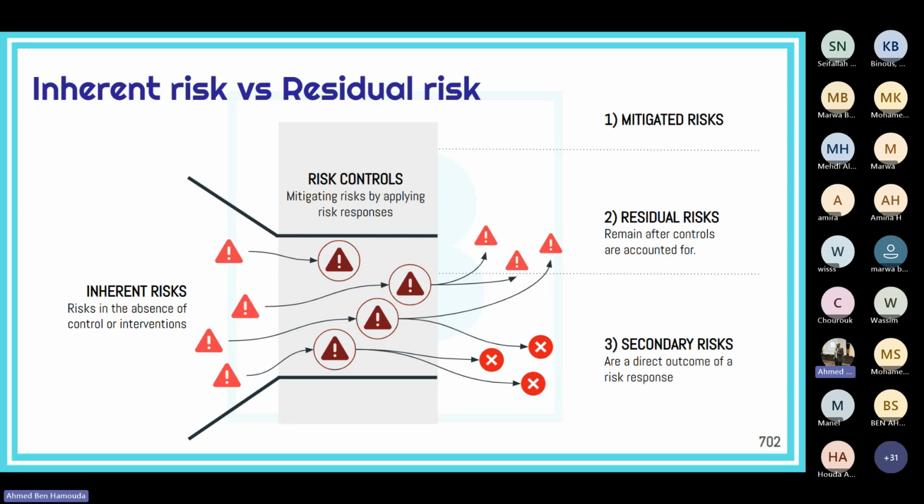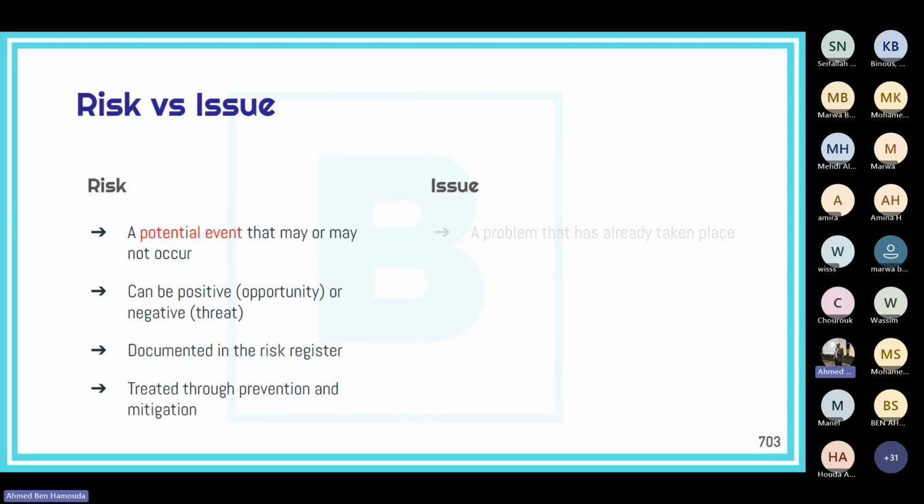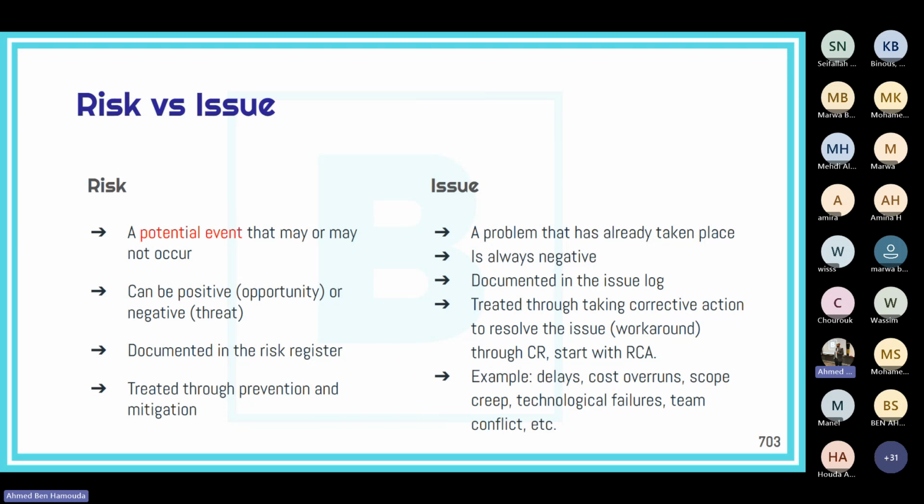Okay, so these are three terminologies we wanted you to know, guys: inherent risks, residual risks, and secondary risks. Okay, so we add that to all those risk types and terminologies which we have just seen. All right. What is also important is to understand the difference between a risk and an issue, because many times people confuse risks and issues.